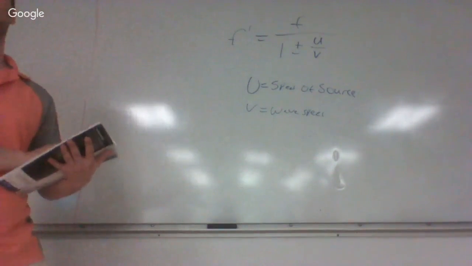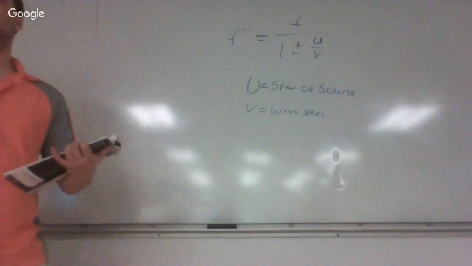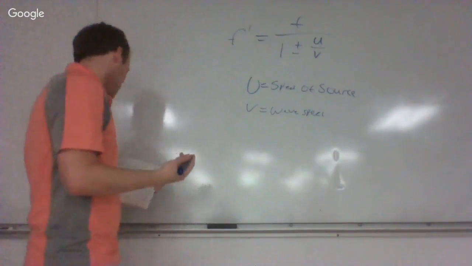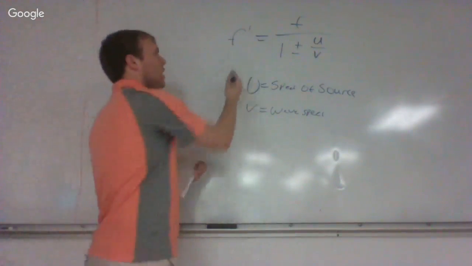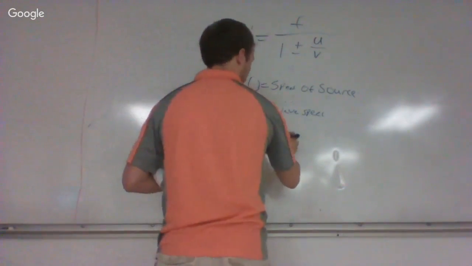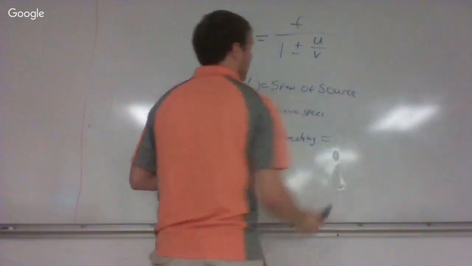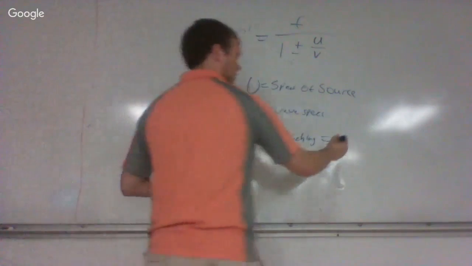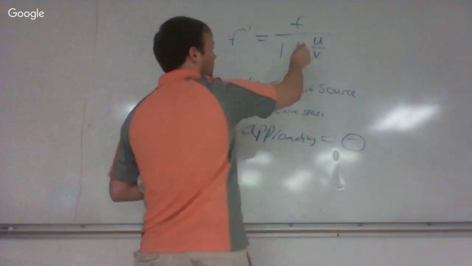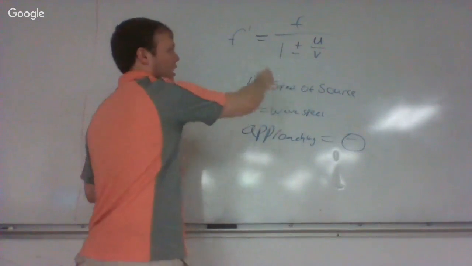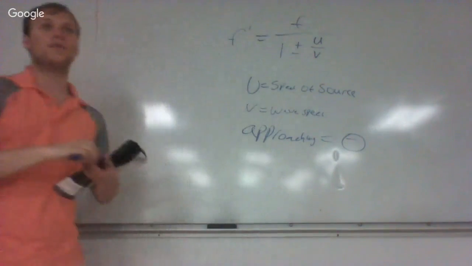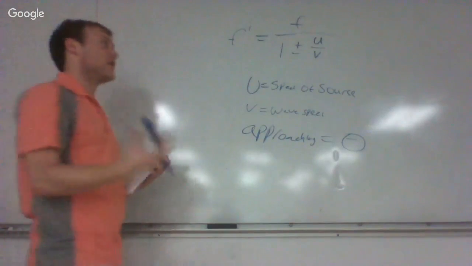If it's approaching you, you know that this frequency has to increase. So that means it's negative for this equation specifically. If this is negative, it's subtracting off, so the number in the denominator is smaller, which would increase the whole number for the f prime. So if it's approaching, you get a larger frequency, so negative.